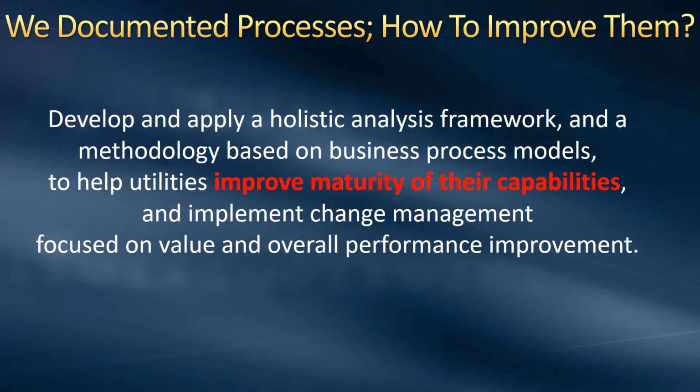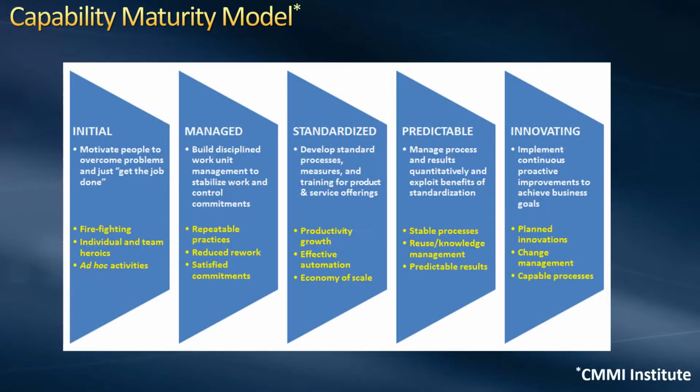Let's define another fancy term from the mission statement and explain what it means to improve the maturity of an organization's capabilities and how we can use the business process models to help achieve that. CMMI developed a conceptual model that includes different levels of capability, maturity, and organization.